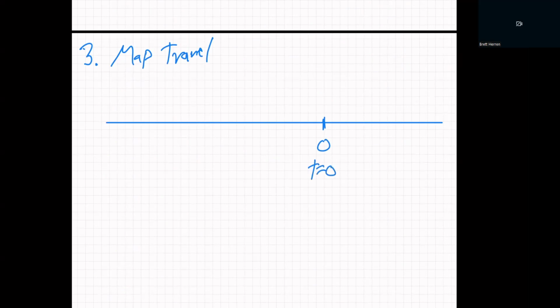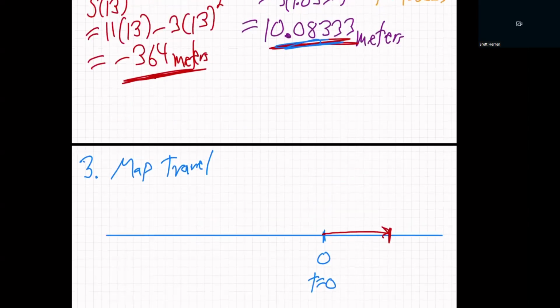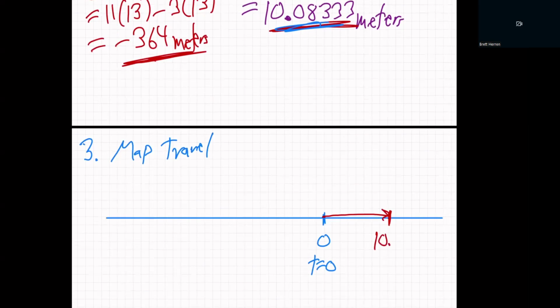And then it goes to the right and stops at, where is it? 10.083, with a bunch of threes, meters to the right. That's positive, to the right.